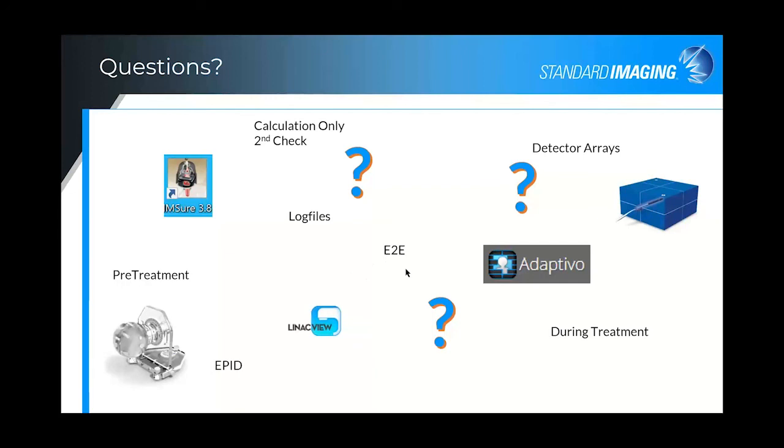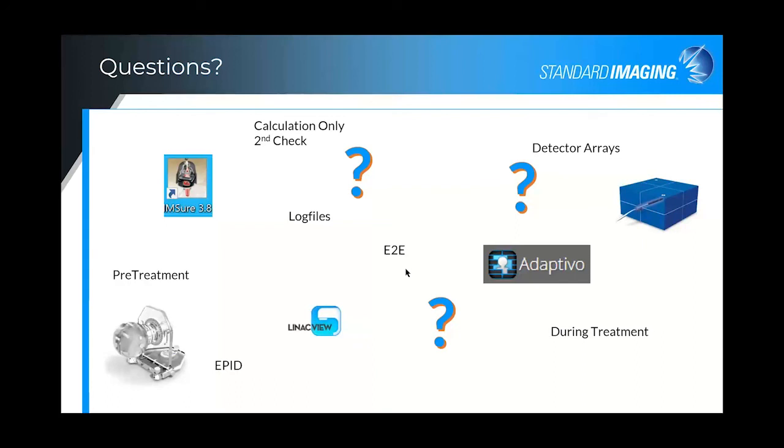So I am going to assume that this is associated with Adaptivo because it is the only solution I spoke about that has the independent dose algorithm. Well, of course, IMSure does, but that's a much more simplistic algorithm.